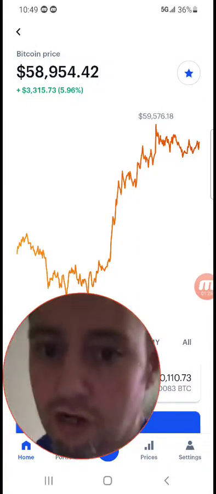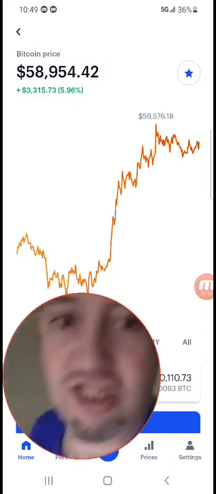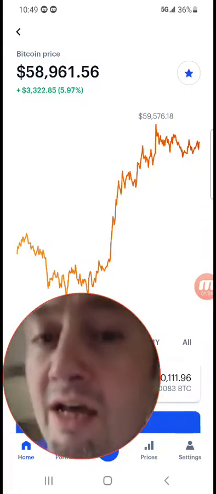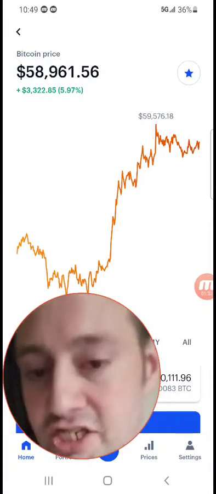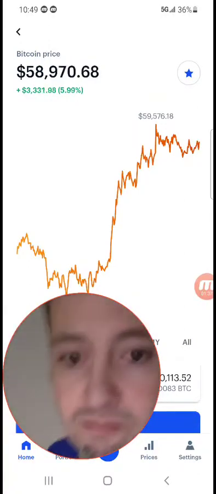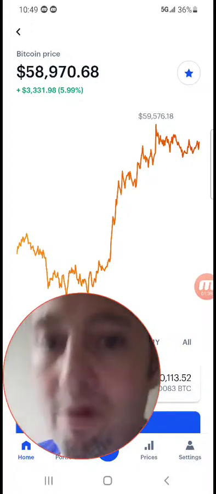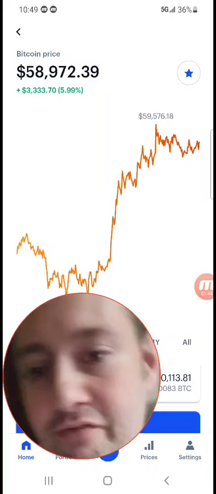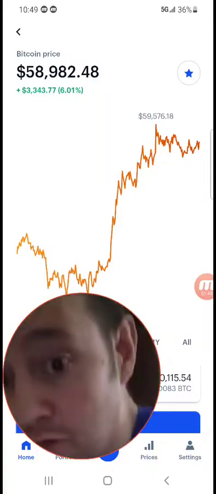And how you're going to want to do that is dollar cost averaging. There's a couple different ways that you can do that. You can do it through a centralized exchange like Coinbase or Coinbase Pro. You can do it manually, or you can set it up on the website to have them just take it out of your account every week.